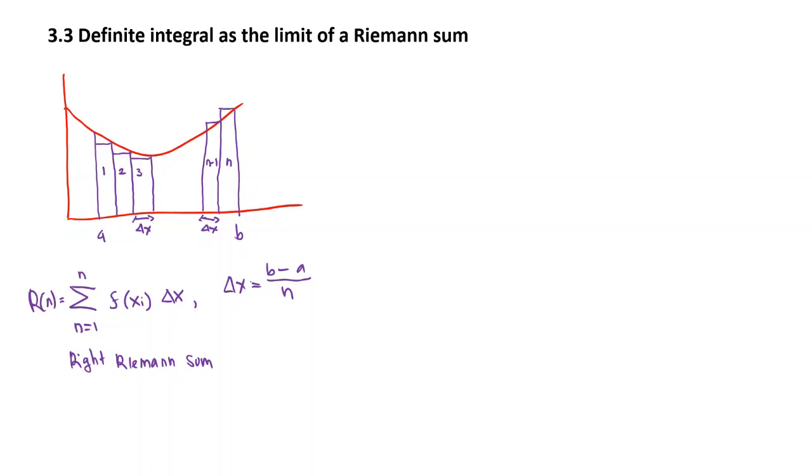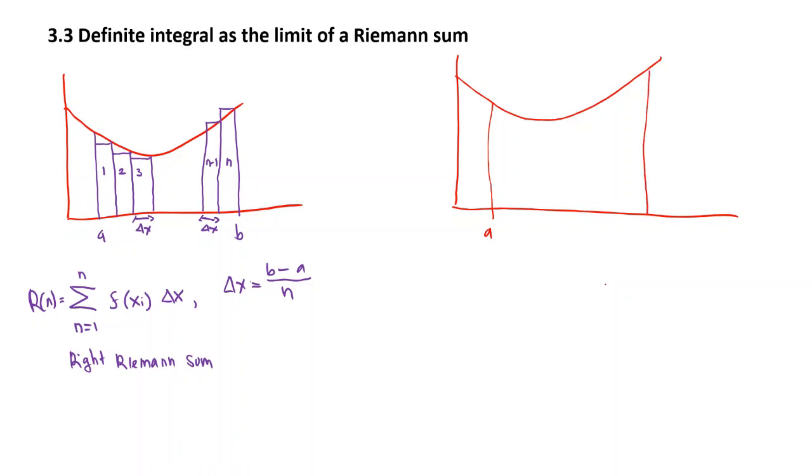So I'm going to draw this graph again. Let's say this is x equal to a, and this is x equal to b. To closely approximate the area under the curve, I will need to subdivide the area with more rectangles.